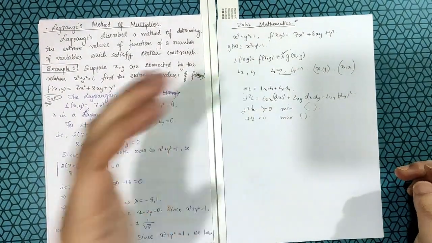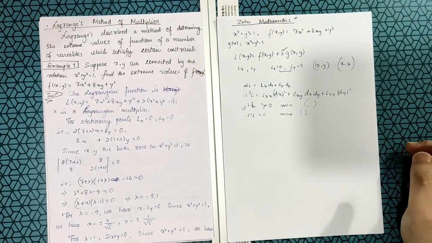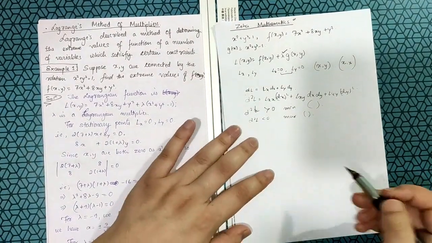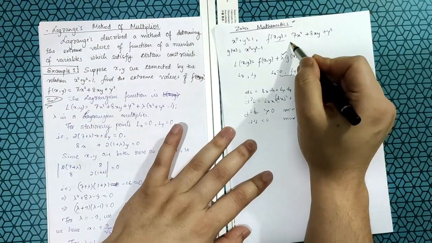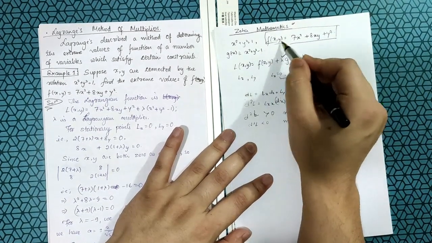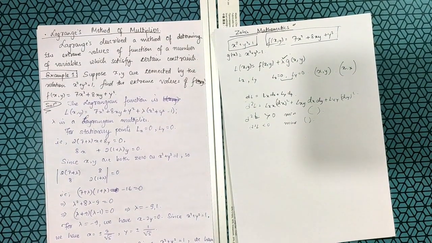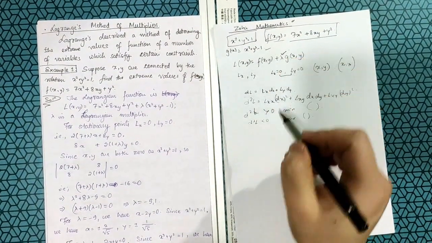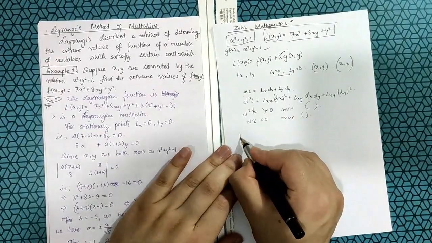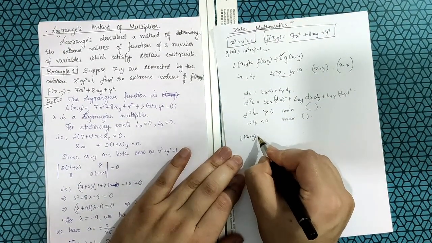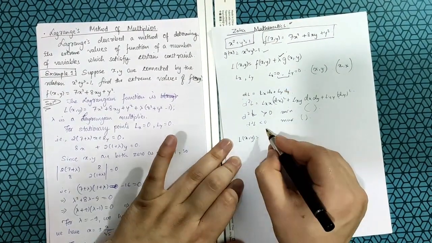So let us understand how we do this with the example. Here we have f of x y is equal to this, and we have x square plus y square equal to 1, which we can write as g of x y. So let us represent L of x y, which is f of x y plus lambda g of x y.